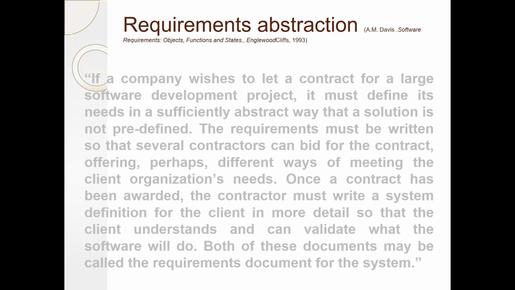The requirements must be written so that several contractors can bid for the contract, offering perhaps different ways of meeting the client organization's needs. Once a contract has been awarded, the contractor must write a system definition for the client in more detail so that the client understands and can validate what the software will do. Both of these documents may be called contract documents for the system.